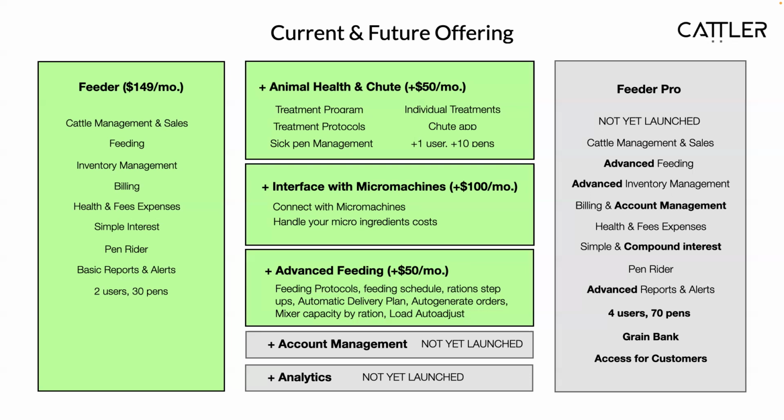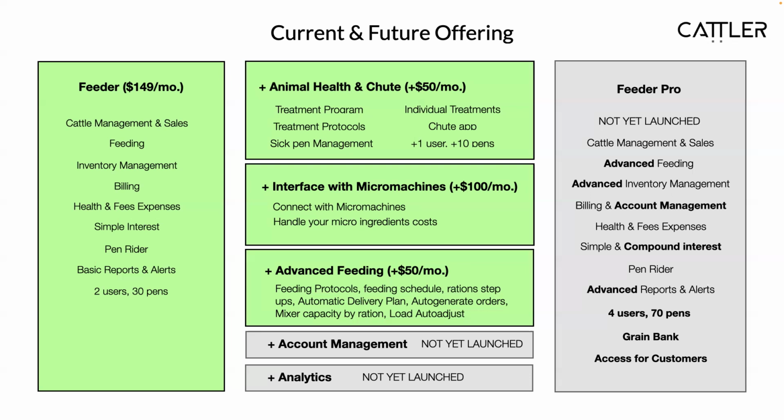Early this year we added interface with the micro machines, each one with its own cost. We just added advanced feeding, and that's the cost per month of adding that. So each one can pick and choose what they want and just maximize and personalize the use of the app to the extent that they want.